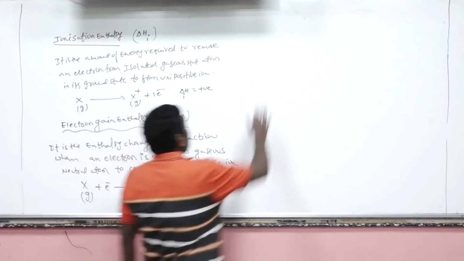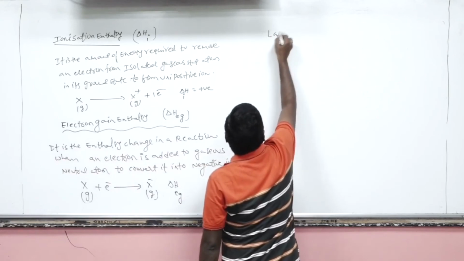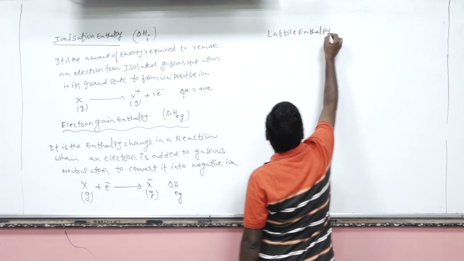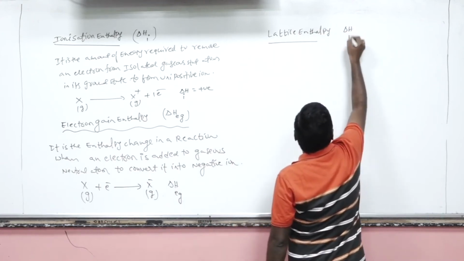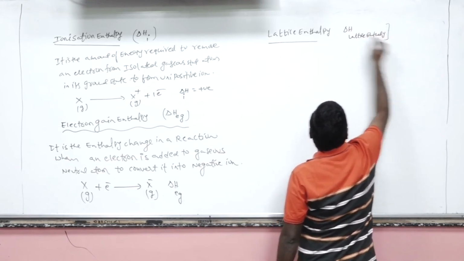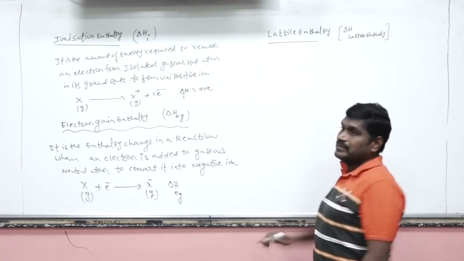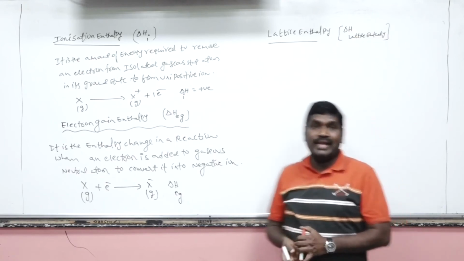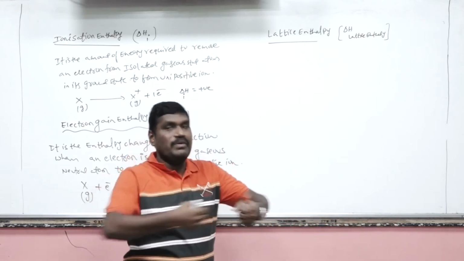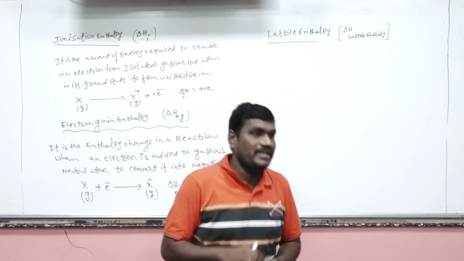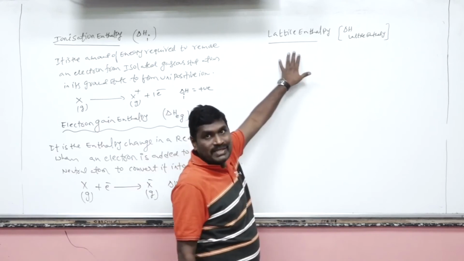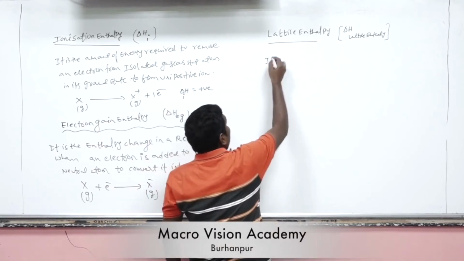Now come to lattice enthalpy, delta H lattice enthalpy, or lattice energy. Suppose 1 mole of an ionic compound is there. Now I am trying to break the 1 mole of ionic compound into its constituent oppositely charged gaseous ions. Then the amount of heat energy required is called lattice enthalpy.